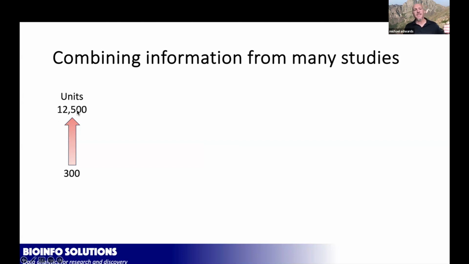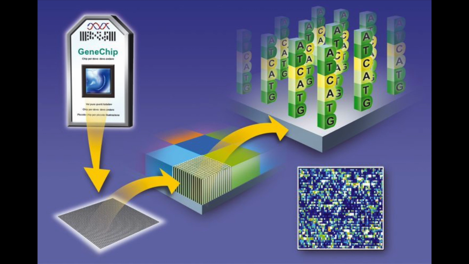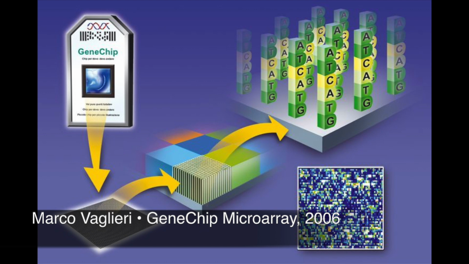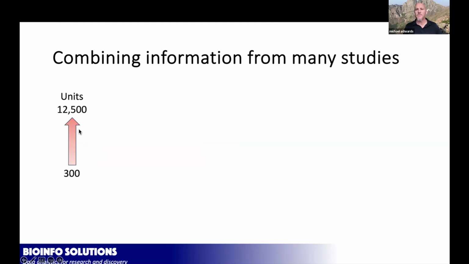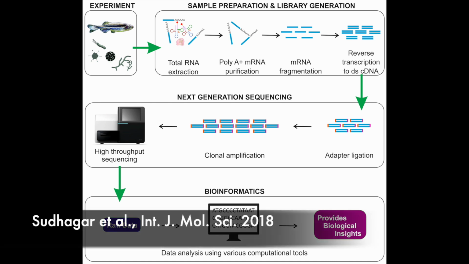So typically, say in an array experiment, you're measuring hybridization of different mRNAs to a matrix. You'll have fluorescent units, and the more fluorescent, the higher that gene. Maybe it goes from 300 to 1250. But in another one, you might be doing RNA-seq, with different scales.